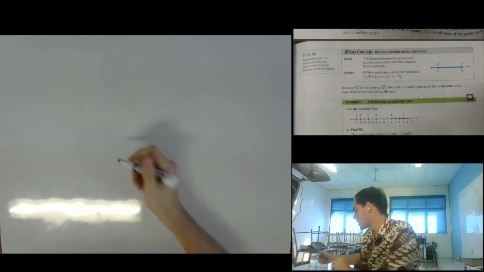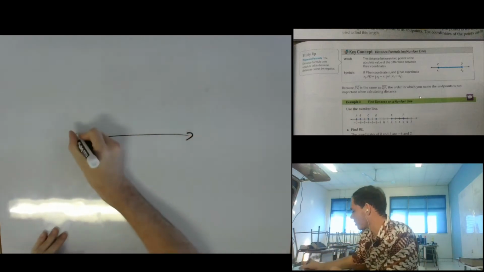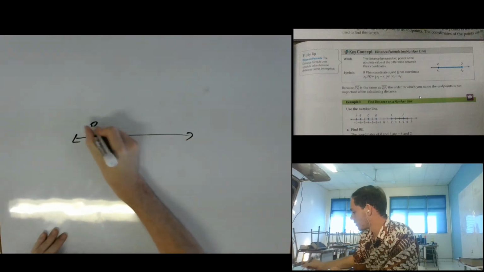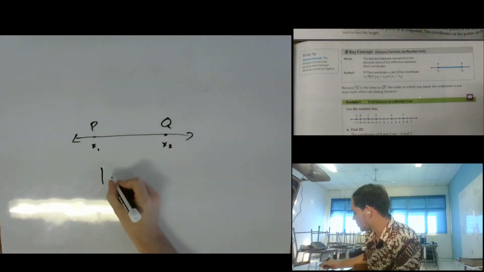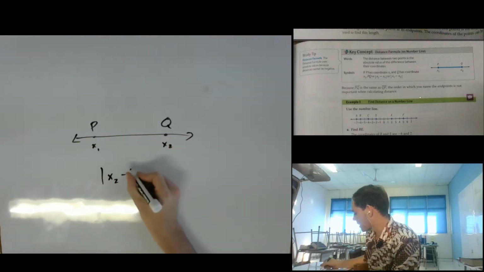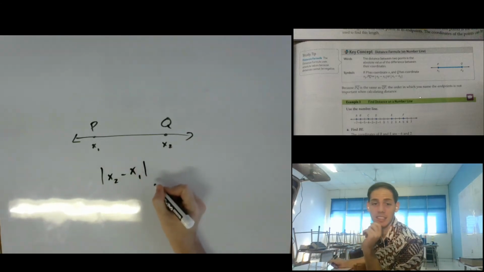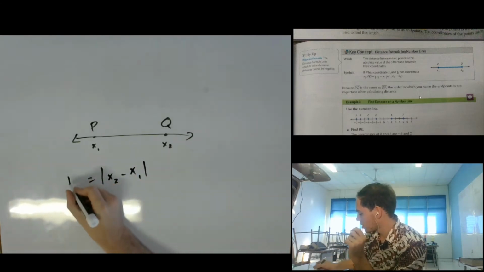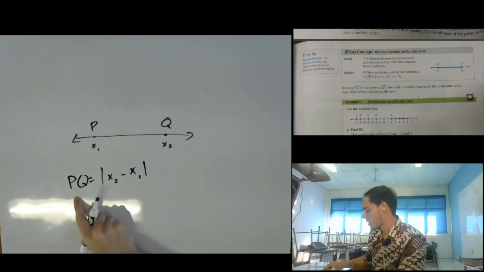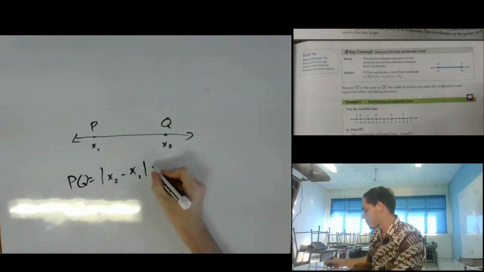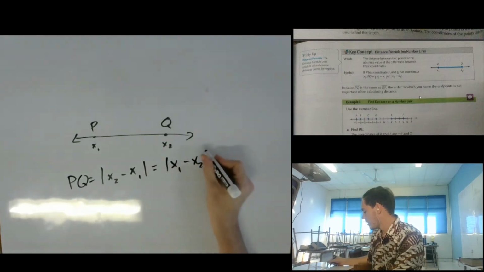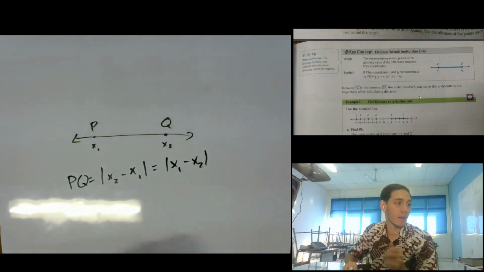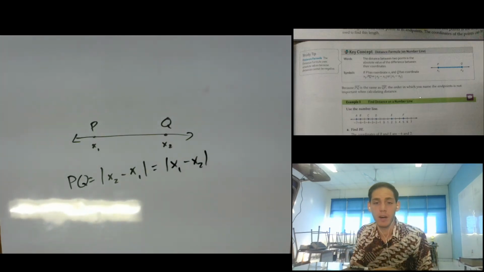If you just have two points along a horizontal line, P, which is x1, and Q, which is x2, our distance is going to be the absolute value of x2 minus x1, or the absolute value of x1 minus x2. This order does not matter because the absolute value ensures we're always going to have a positive.